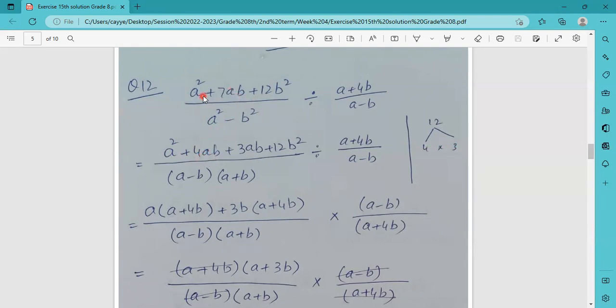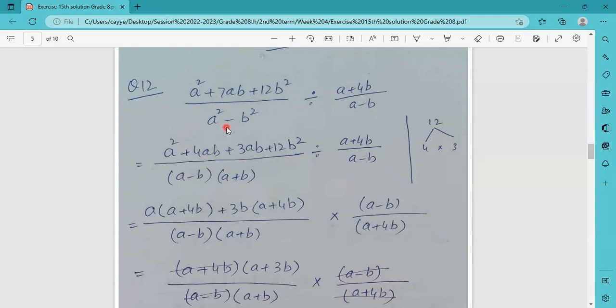4ab. We will take ab, meaning half of a square is a, b square is b. It will be a great mistake if you take the square here. So never ever take the square. 4ab plus 3ab. Now it is the same step.